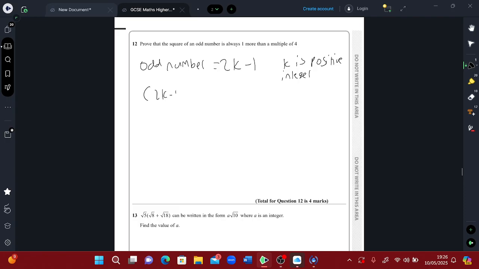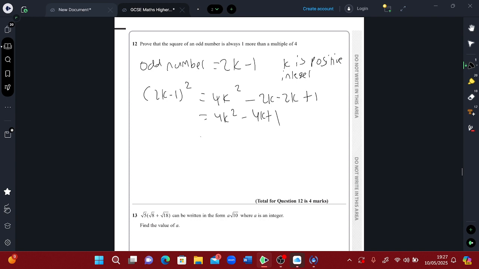So then (2k minus 1) squared, because it's a square, we want to see what happens. Let's expand that. That's going to be 4k squared minus 2k minus 2k plus 1, which is 4k squared minus 4k plus 1. It's not evidently clear, but what does it say? It's always 1 more than a multiple of 4.